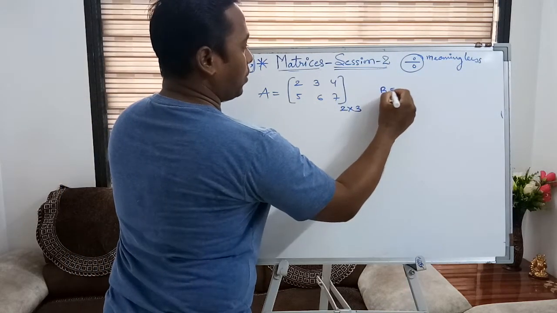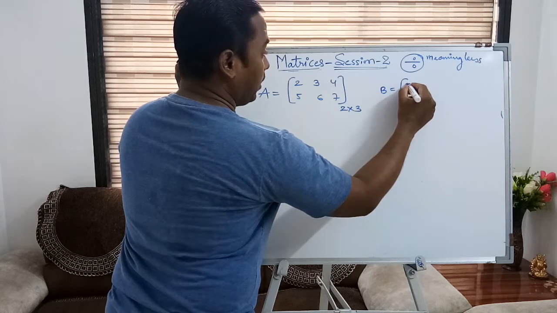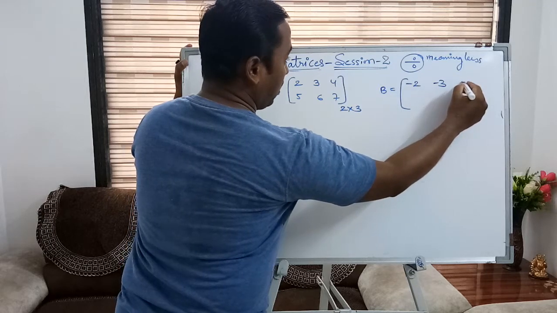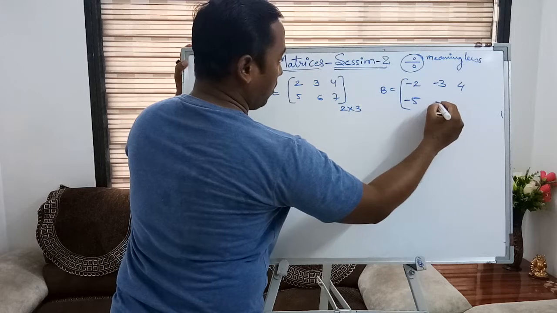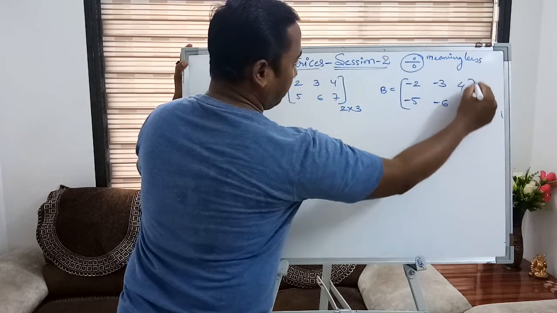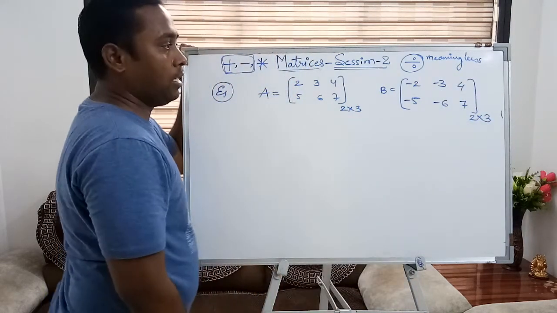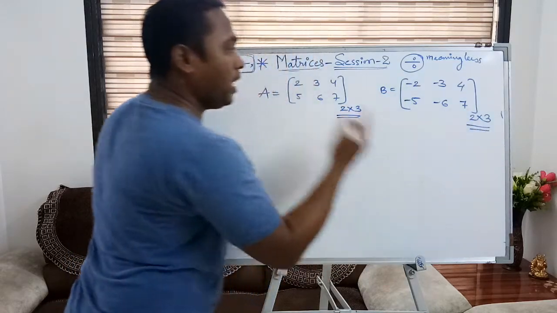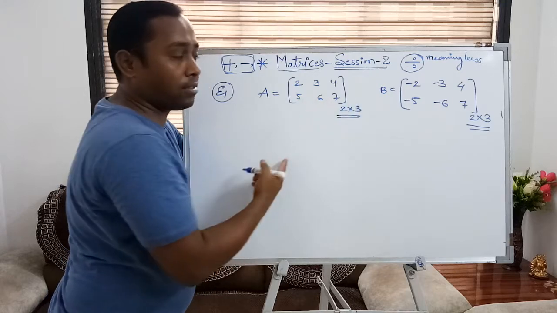Another matrix I am taking here, let us say -2, -3, 4, -5, -6 and 7. The order of this matrix is still the same. If their orders are the same, then only you can add or subtract these two matrices.